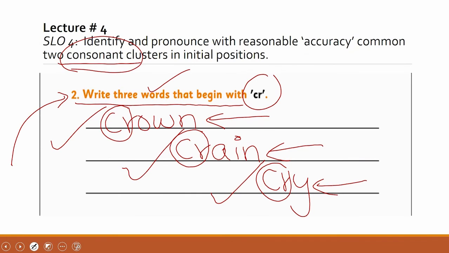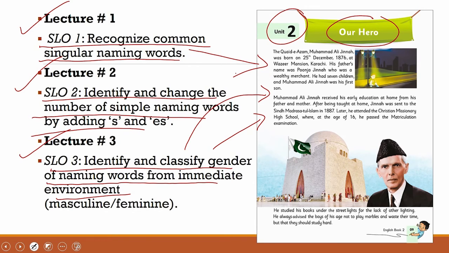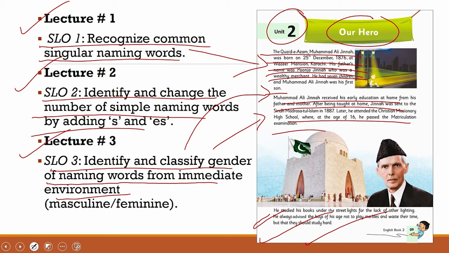So you need to go back to the unit, and once again read these lines till the end of the unit and circle those consonants kl and kr.